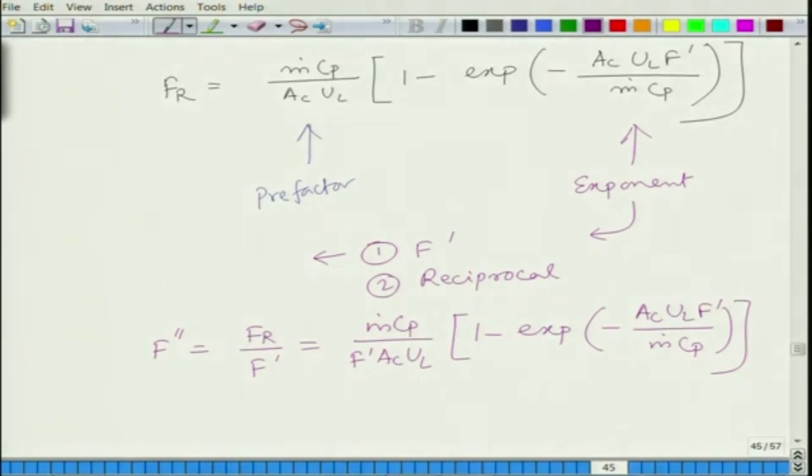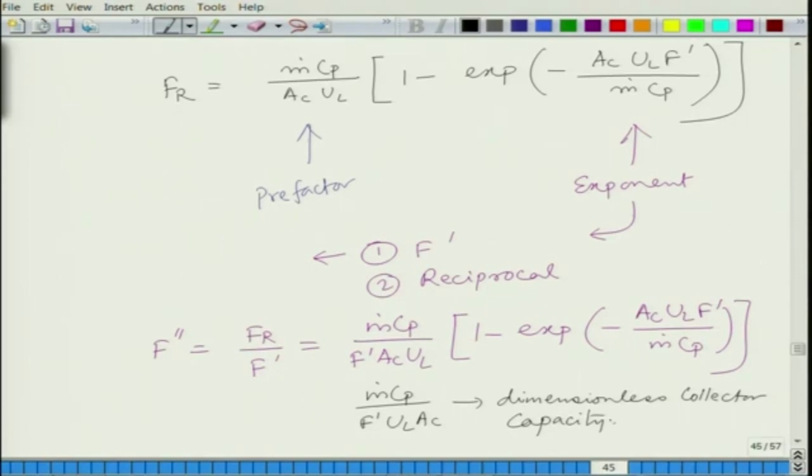You agree to this? Now both the prefactor and the exponent are similar, but only reciprocal. So, this thing, m dot C_p over F prime U_L A_C, is called the dimensionless collector capacity.